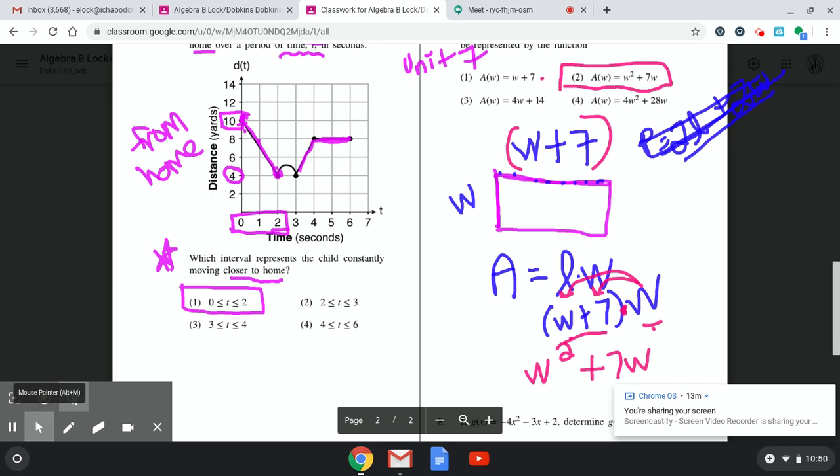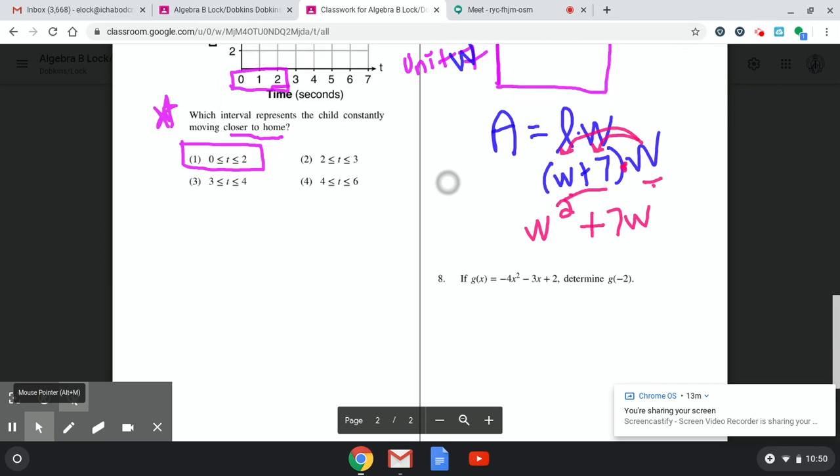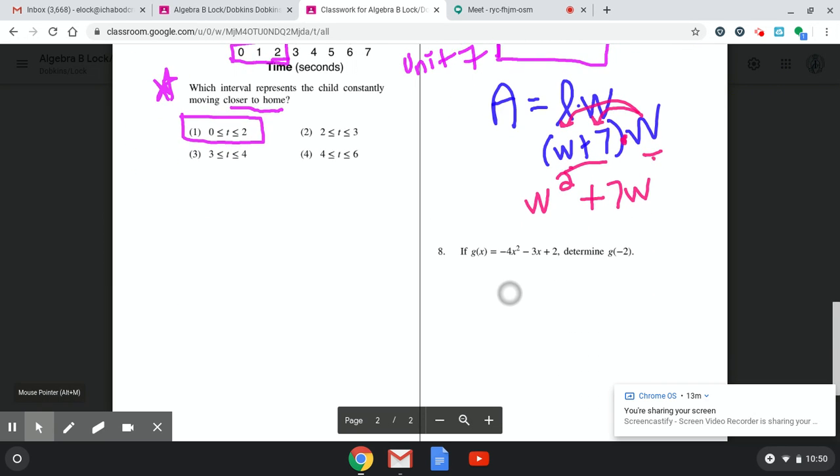Moving down to the last question, number 8. If g of x equals negative 4x squared minus 3x plus 2, determine g of negative 2. Okay. So this function reads, g of x equals negative 4 times a number squared minus 3 times a number plus 2.